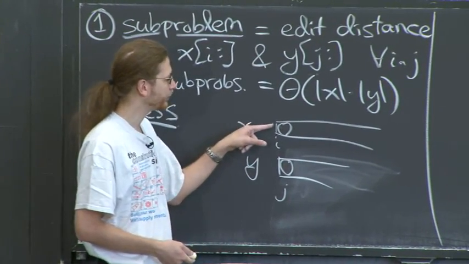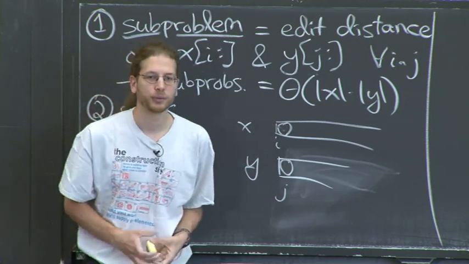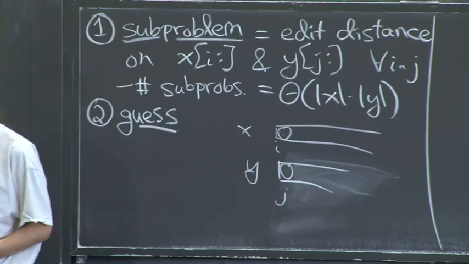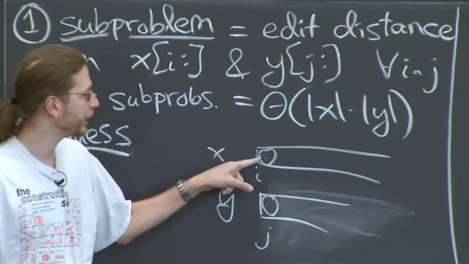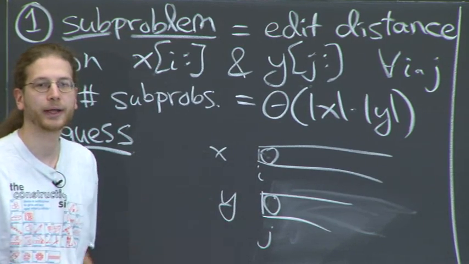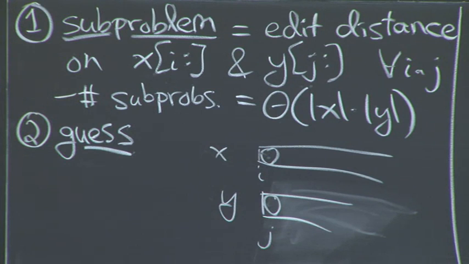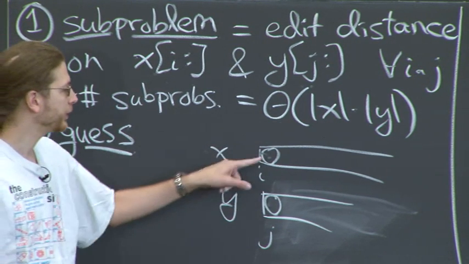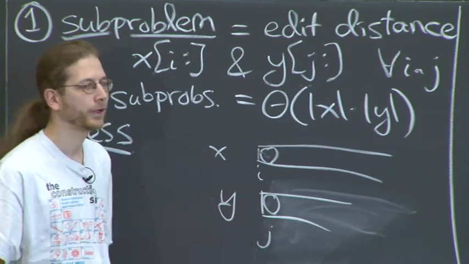What are the possible ways to convert or to deal with the first character of x? What are the possible things I could do? Given that ultimately I want the first character of x to become the first character of y. You could delete this character and then insert this one. Yeah. Other things?